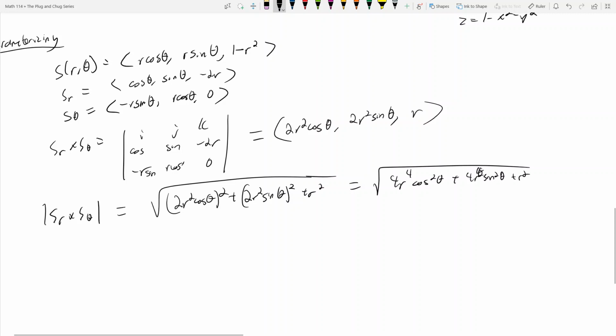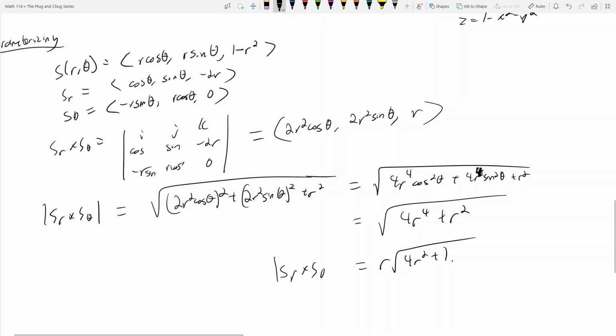Then that's equal to the square root of 4r to the fourth plus r squared, which is equal to r times the square root of 4r squared plus 1. Okay, so that's the magnitude of S_r cross S_theta.